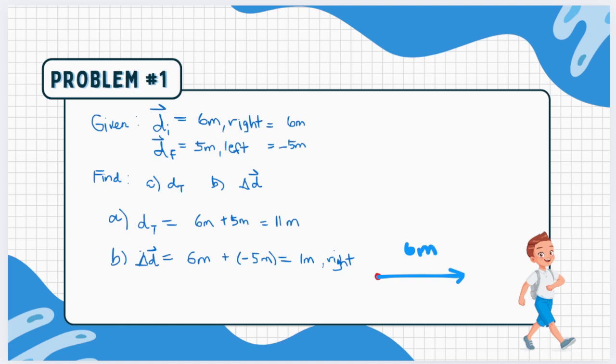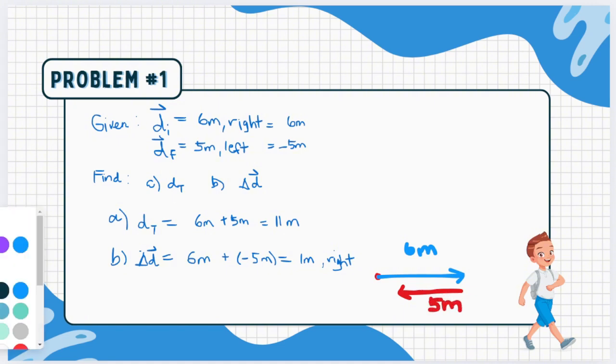And then, bumalik siya towards the left for 5 meters. So, therefore, what we are looking for is this, the green one. So, that is your 1 meter to the right. Okay, clear po tayo sa problem number 1.